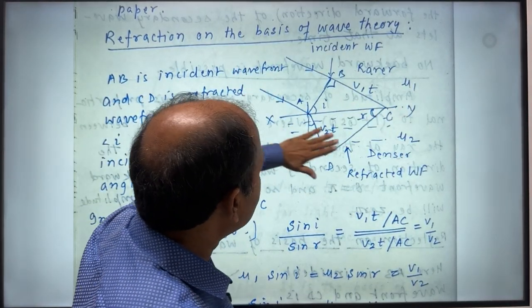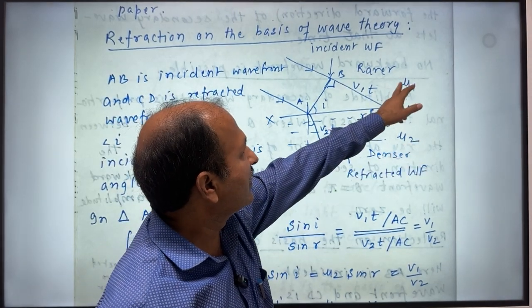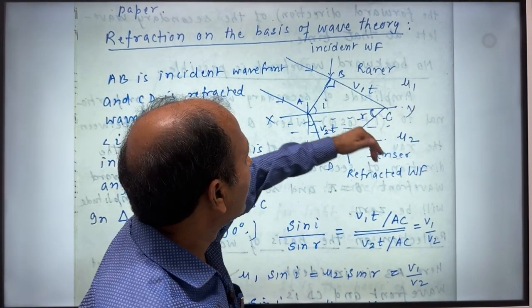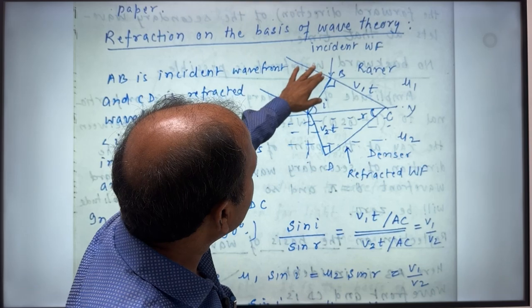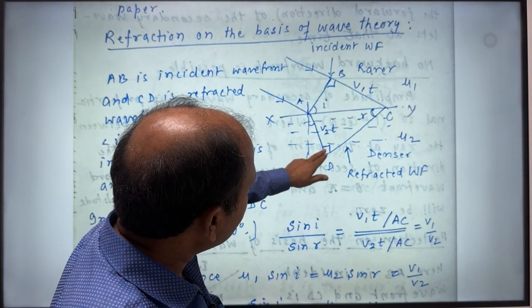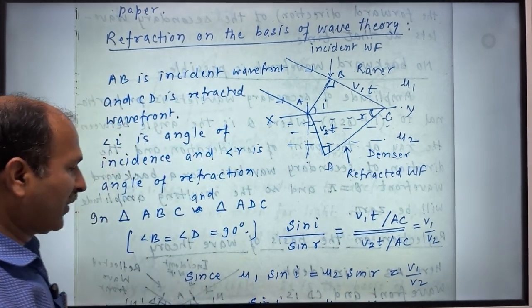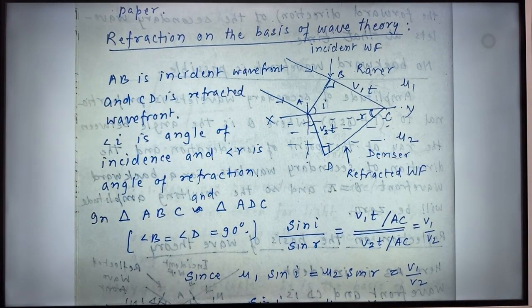This is the interface, this is the denser medium whose refractive index is mu2, and here the refractive index is mu1. Now speed in this medium is say v1, in this medium say speed is v2. Here our purpose is to find Snell's law, that is sin i upon sin r equal to refractive index.